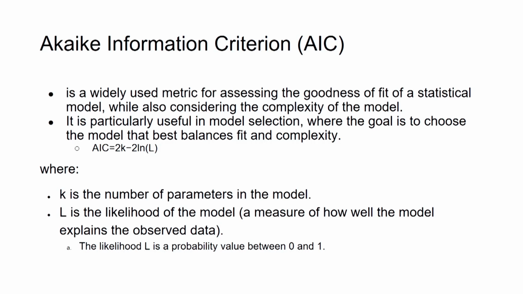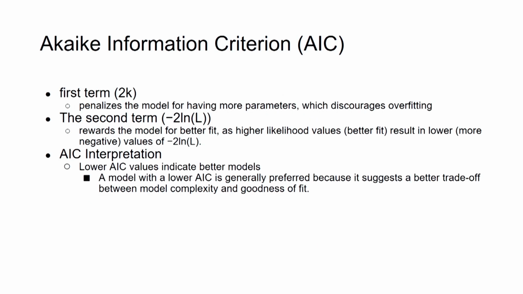The first term penalizes complex models, which discourages overfitting. The second term rewards the model for better fit. If a large number of parameters are there, it penalizes the model.